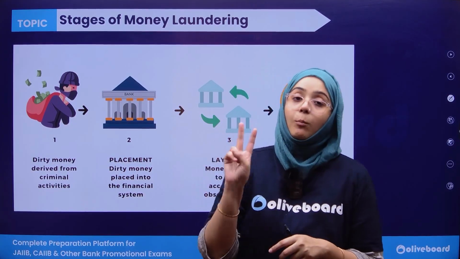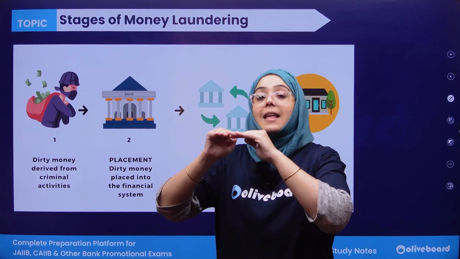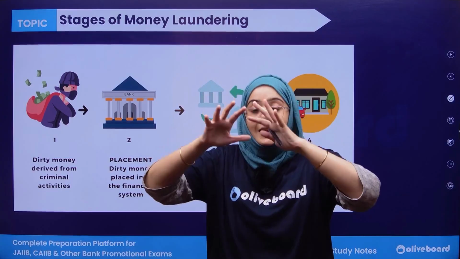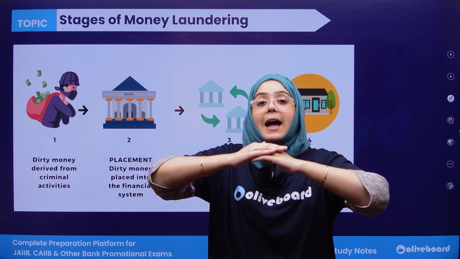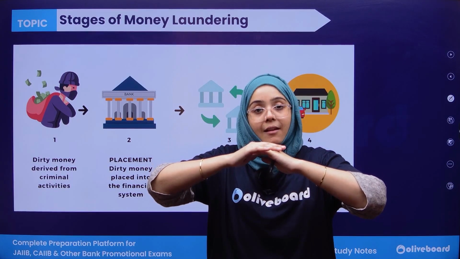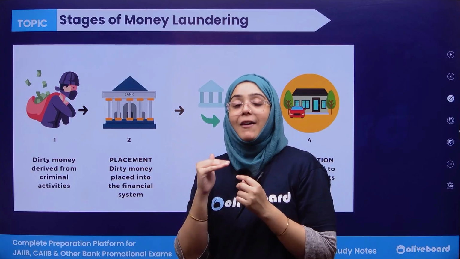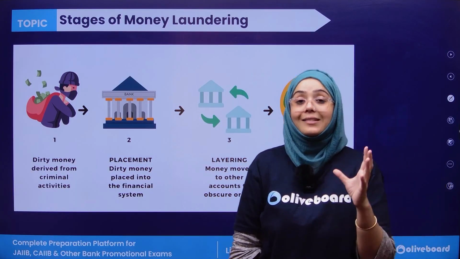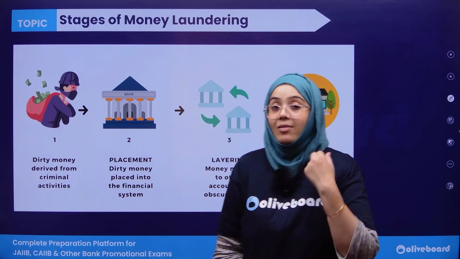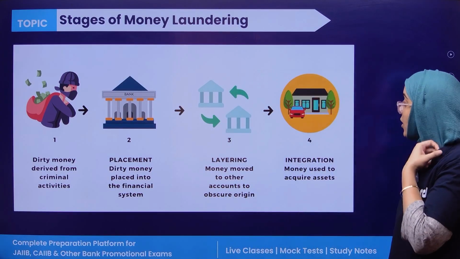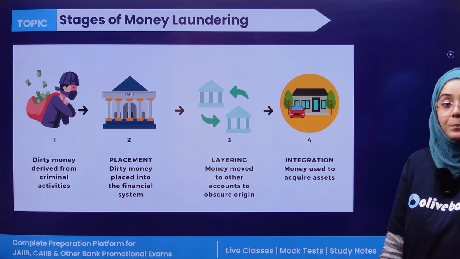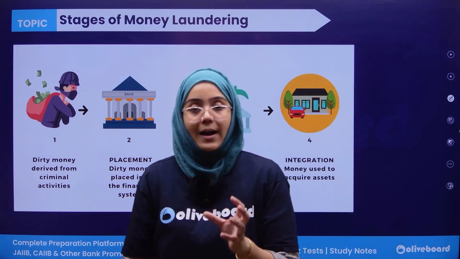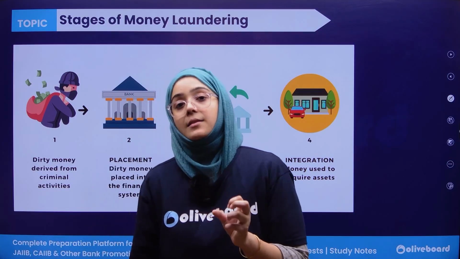So layering involves two things. Either layer that fund with a financial transaction, so that the fund is layered under that legal financial activity, or just move these funds to different accounts, so as to hide the source of the fund. And the last step of money laundering is integration. Now this money is acquired and pooled together.